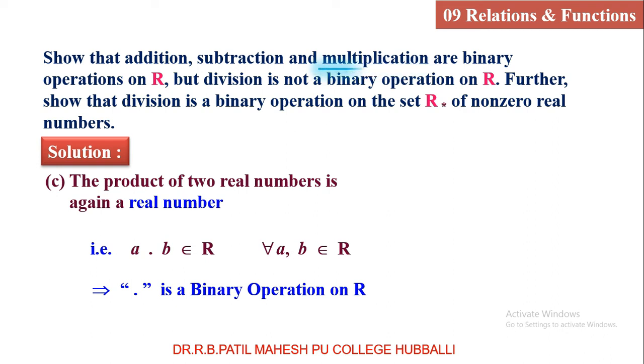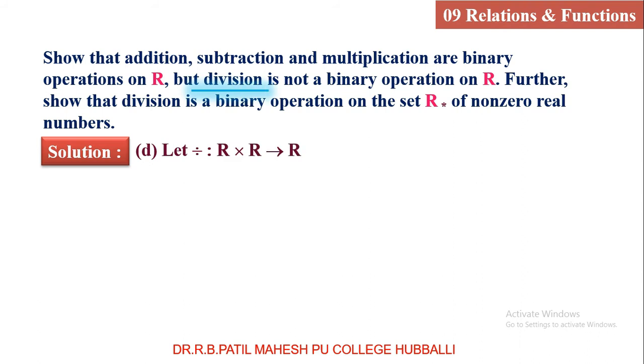Next one is very important. Division. Let division be a function from R cross R to R. It is the notation of a binary operation as a function. So let me take A divided by B is equal to A by B. This does not belong to the set of real numbers. Why?